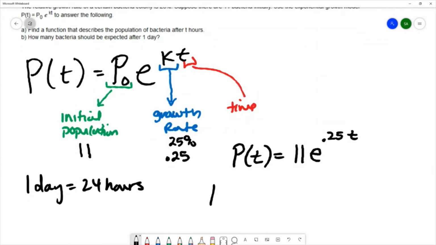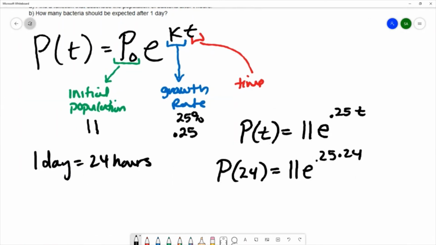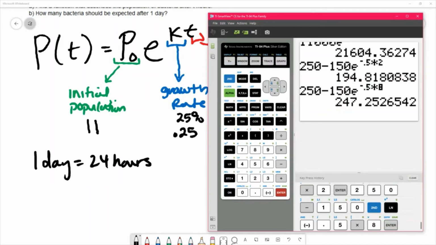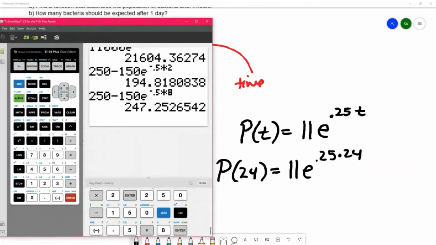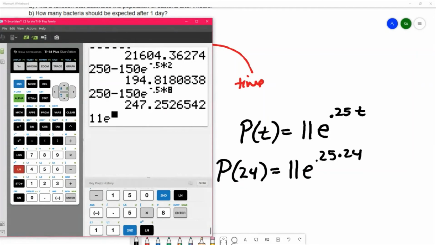I'll substitute a time of 24 hours into this model, and then I'll put it in our calculator to figure out what the new population will be. We have 11 e to the 0.25 times 24 hours.